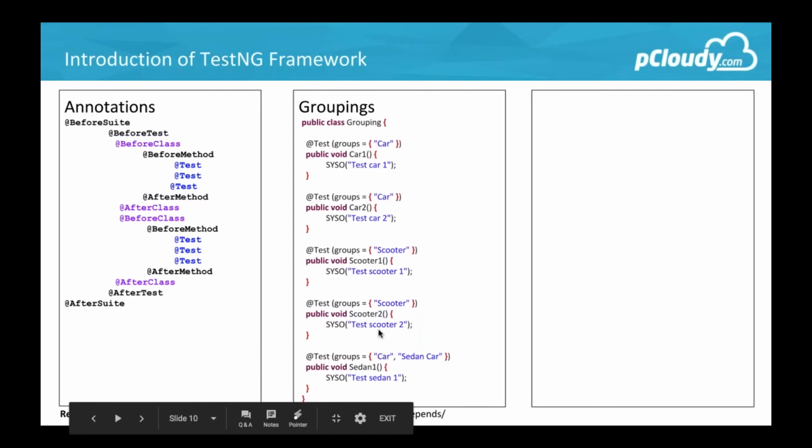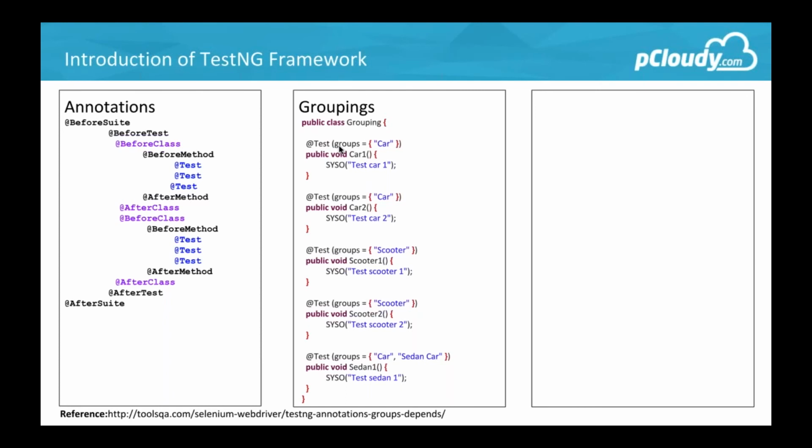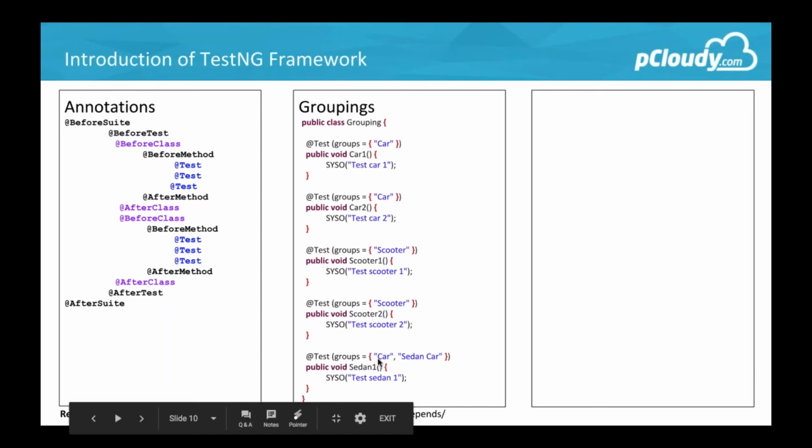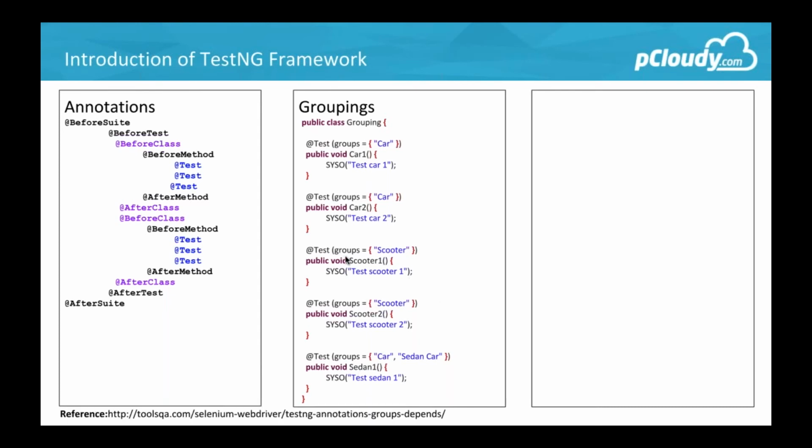Now we can ask TestNG to run the car group. It will then run car 1, car 2, and sedan. Suppose I want to run the scooter group, then it will run the scooter 1 method and the scooter 2 method for the test methods. This way we can categorize my tests into different groups, and we can ask the TestNG framework to run one or multiple groups at a point in time.